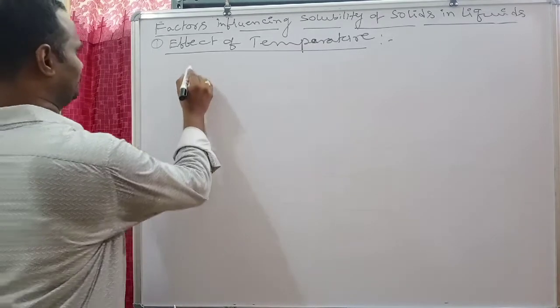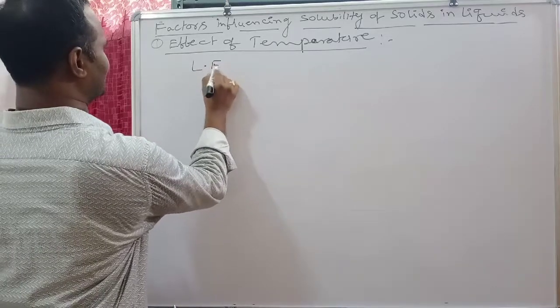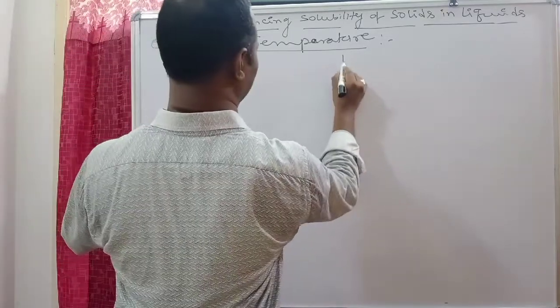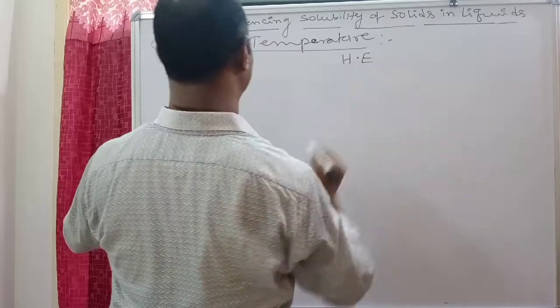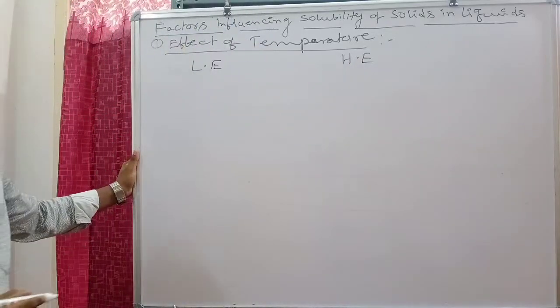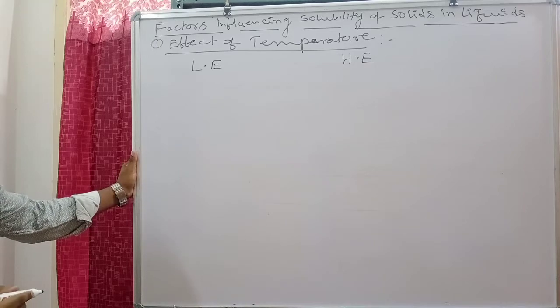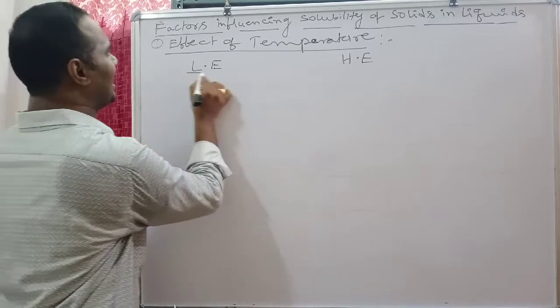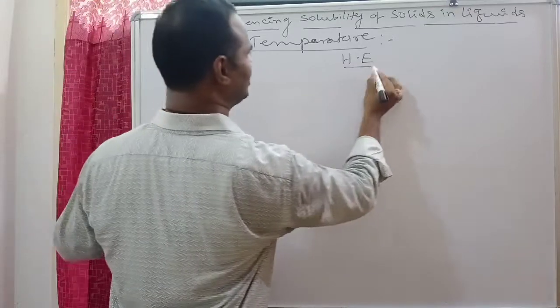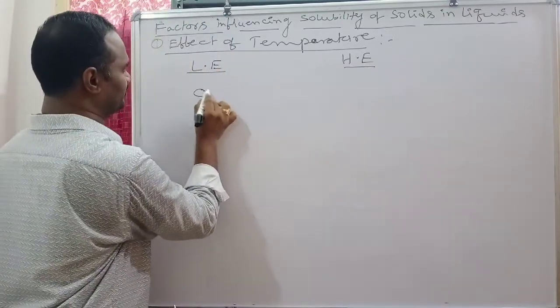Now we will see the role of lattice energy and hydration energy in the solubility of ionic solids. We have to see carefully. First, to understand lattice energy and hydration energy, one small diagram.